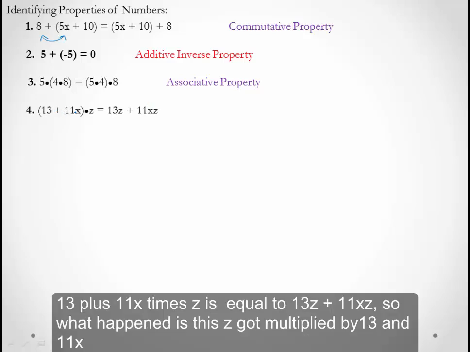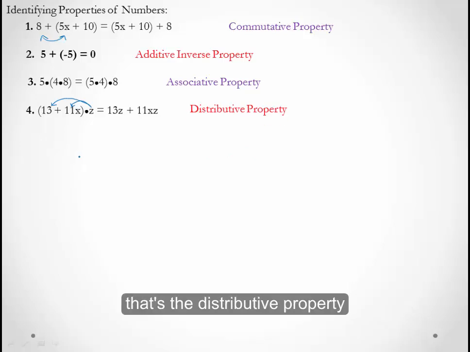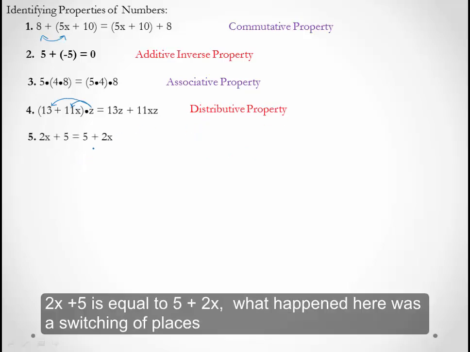13 plus 11x times z is equal to 13z plus 11xz. So what happened is this z got multiplied by 13 and by 11x. That's the distributive property. 2x plus 5 is equal to 5 plus 2x. What happened here was a switching of places.